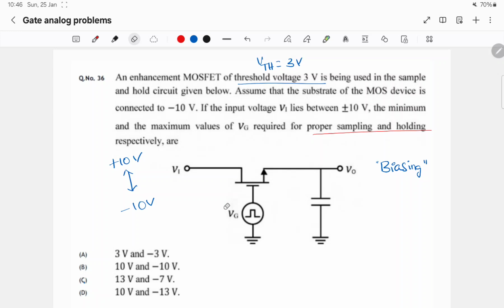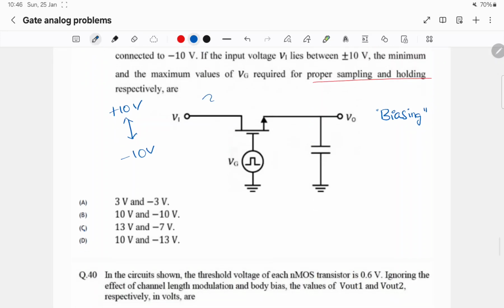In case of maximum voltage, if the input voltage is 10 volts, this node potential will be drain. In NMOS, the higher node voltage will be drain and the lower node voltage will be source.